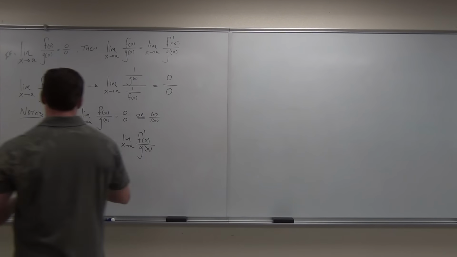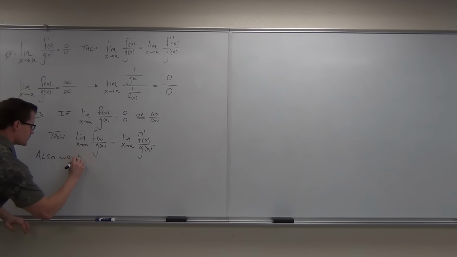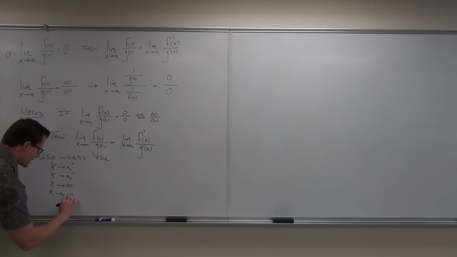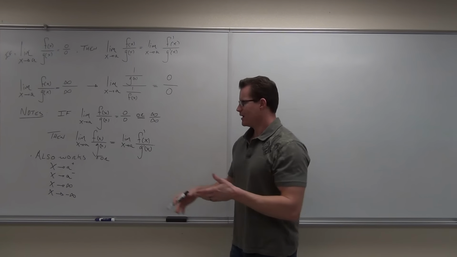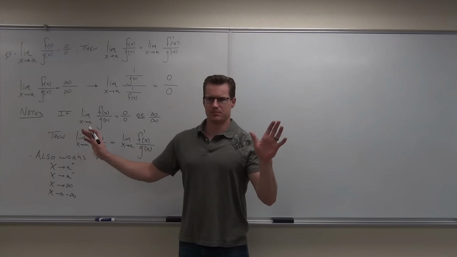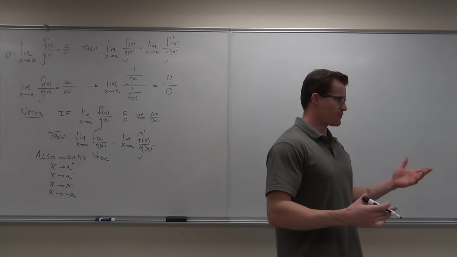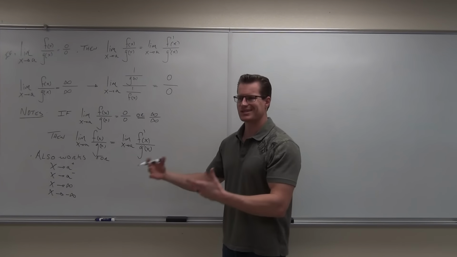So it also works for x approaches a from the right, or from the left, or positive infinity, or negative infinity. All those things are fine. Basically L'Hopital's rule works for whatever you're approaching. Positive infinity, no problem. Negative infinity, okie dokie. A from the right, A from the left, or A altogether, not an issue. So we can use L'Hopital's rule basically all the time.